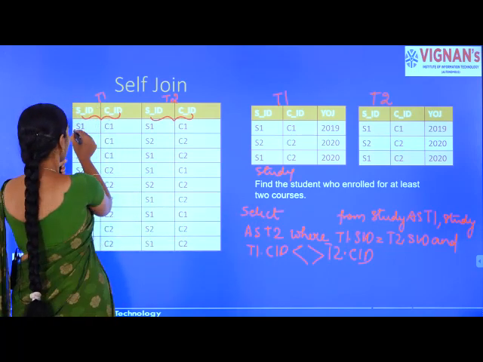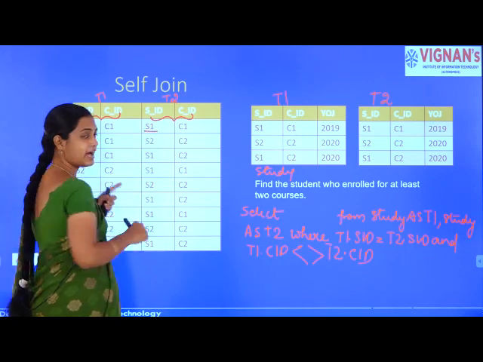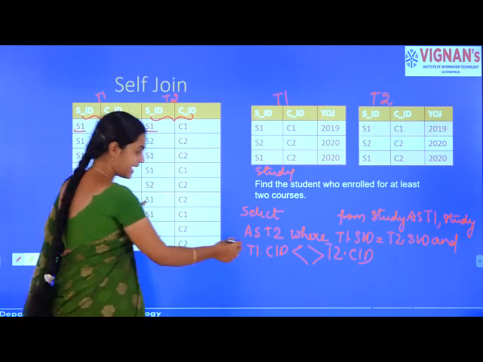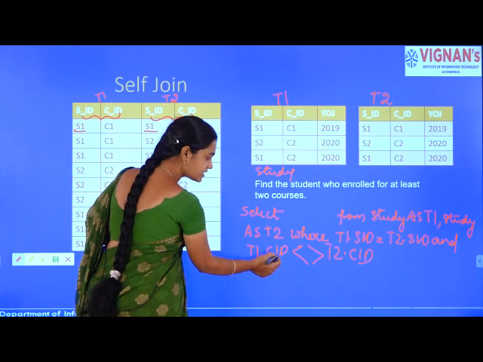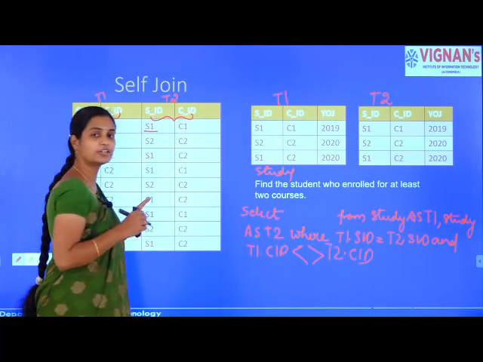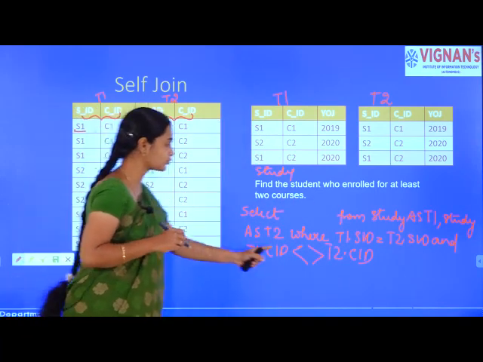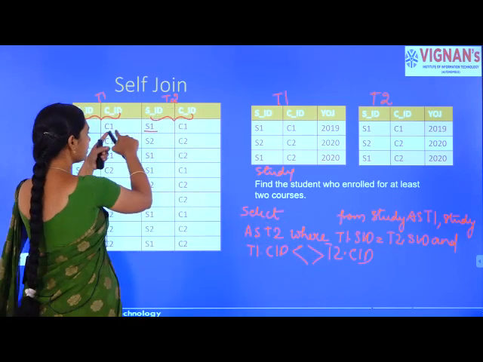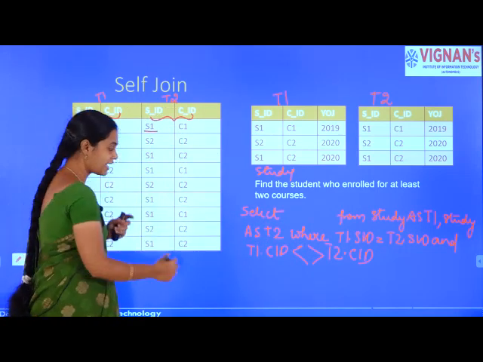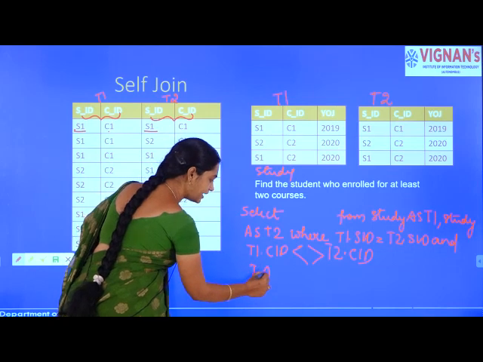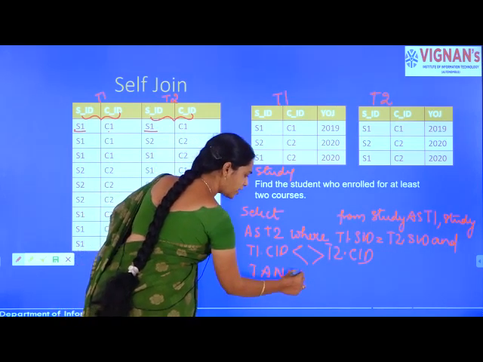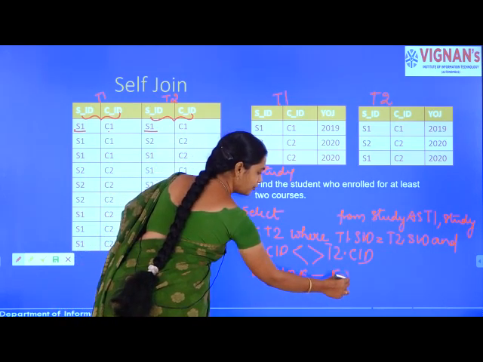T1 SID and T2 SID are equal. Yes, true. And T1 dot CID should not be equal to T2 dot CID. These should not be equal. Are they equal? Yes, they are equal. Now what happens? True and false. What is true and false? It will give you false.